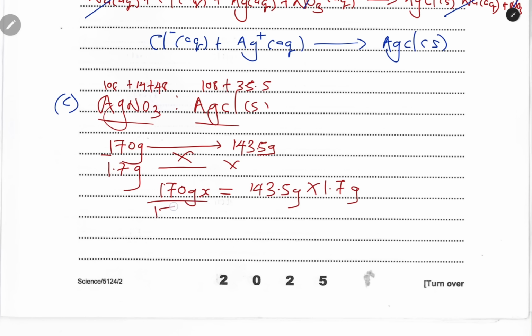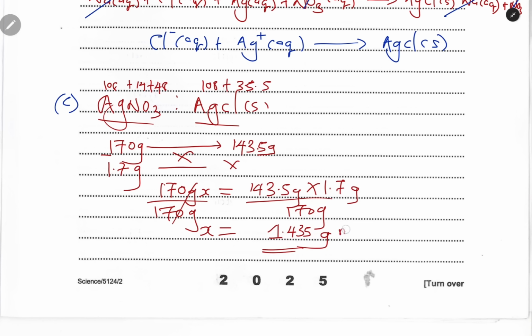So this divide 170 gram. This x is equals to 143 multiplied by 1.7, then divide 170. Should be able to give us 1.435 gram. Confirm if that is what you're finding.